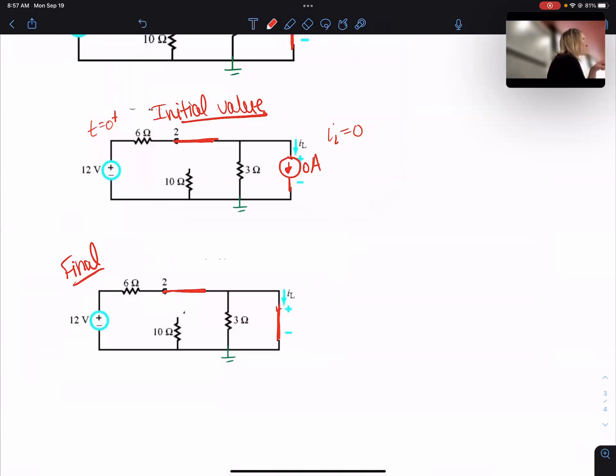Okay, good. Whoever said that, it is short circuited across the 3 ohms, right? Because of the wire across that. So you're going to ignore this, and we're finding the current in the branch. So this is just going to be IL is 12/6 for 2 amps. And that's my final value.